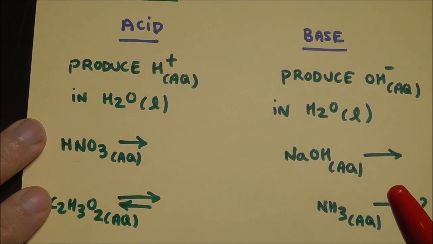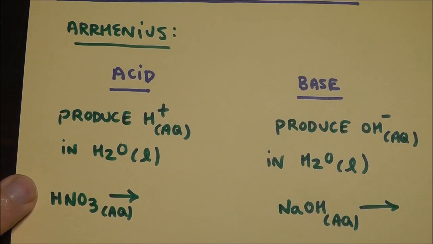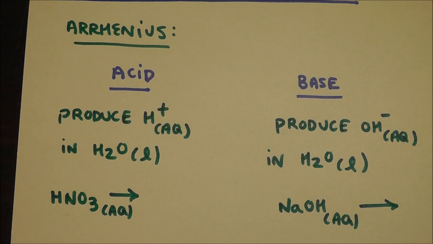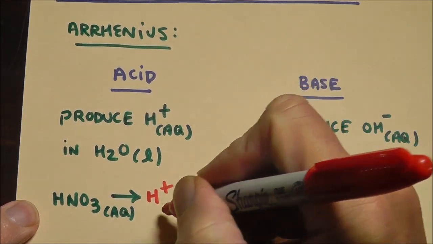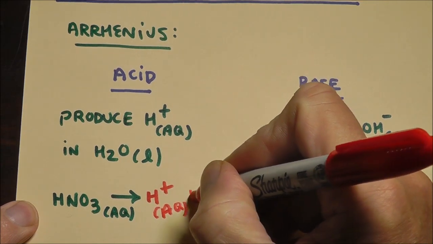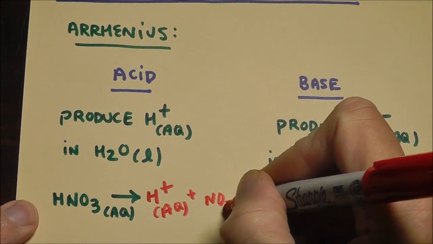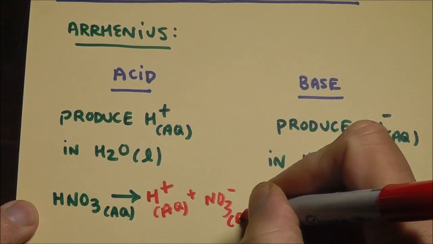A lot of the time we could say, hey, here's HNO3, nitric acid, and it falls apart in water and it makes H+ aqueous and nitrate ion, and that'll do you just fine.